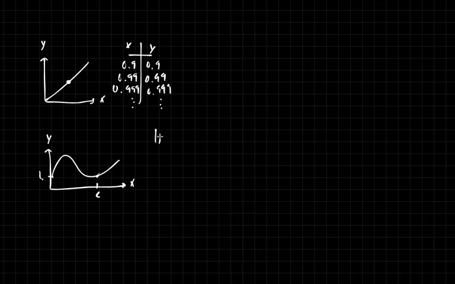So we can say that the limit as x approaches C for this function f of x equals L. And for this particular function, we can also say that f of C equals L. And we know that these two are actually not saying the same thing, right?